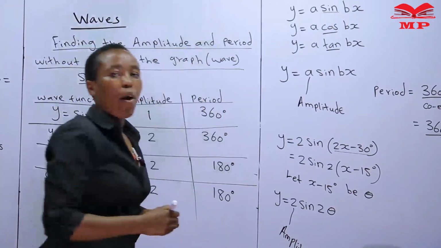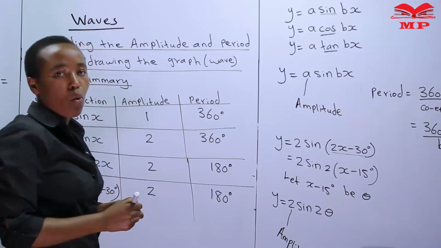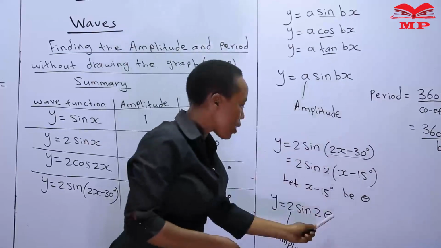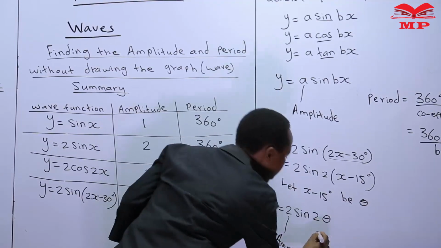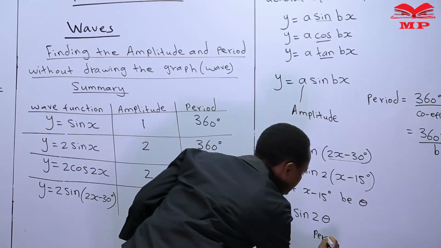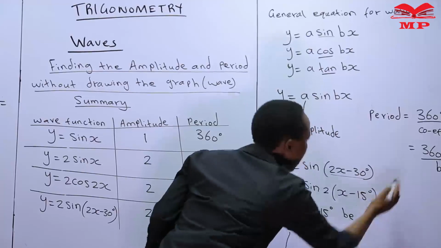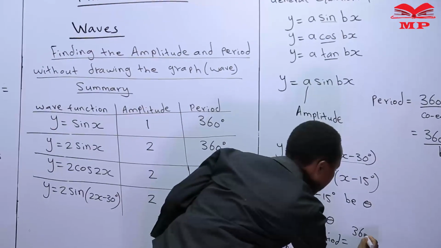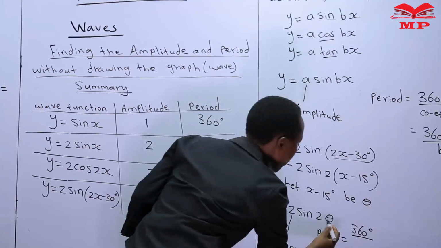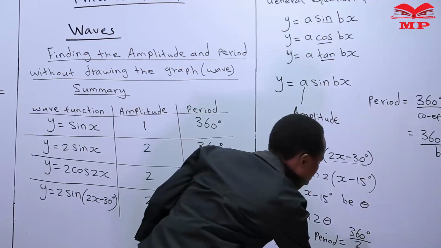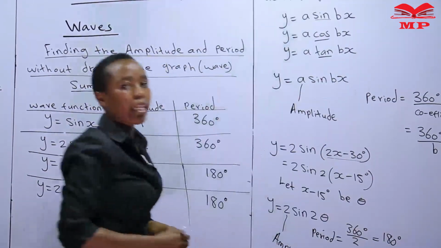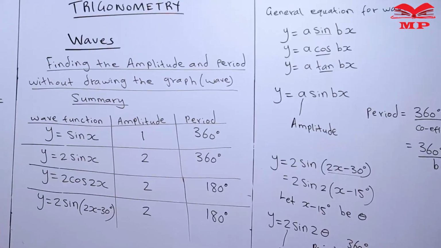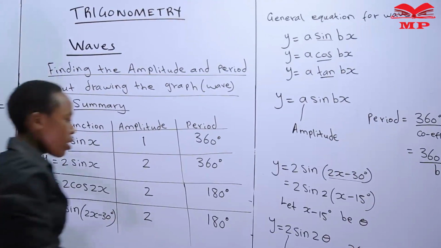The coefficient of the angle, here theta, is 2. Therefore, the period will be given by 360 degrees divided by the coefficient of the angle, which is 2, so we end up getting 180 degrees. And that's how we get the period.